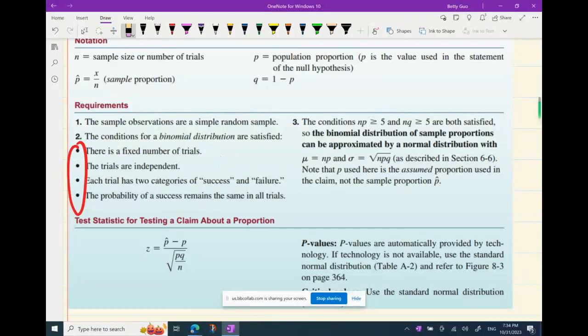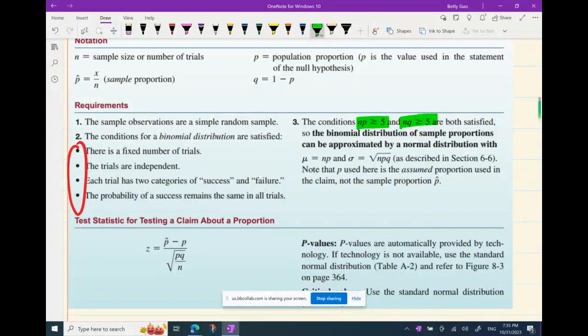We have a binomial distribution. The third requirement is actually the requirement for normal approximation. We require the number of successes and the number of failures to each be at least 5. N times p, where n is the sample size and p is the probability or proportion of successes, is the number of successes.